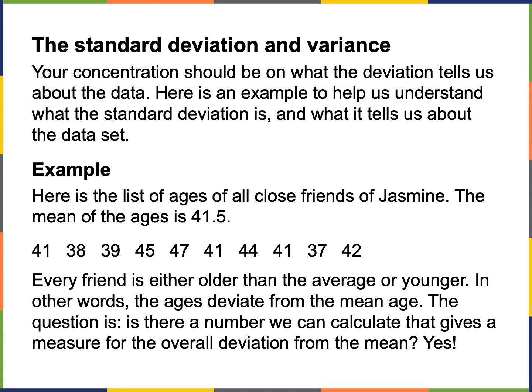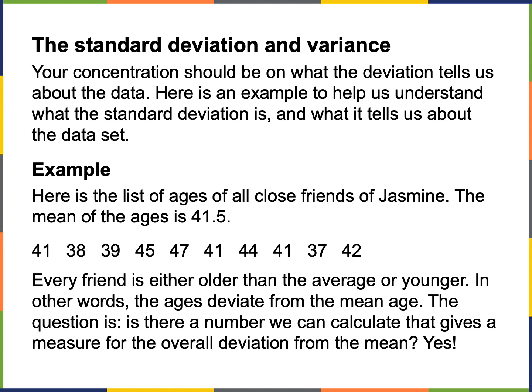So the average age of her friends is 41.5, and every friend is either older than the average or younger, or maybe almost the same. In other words, the ages deviate from the mean age. It's either a little more or a little less or the same.